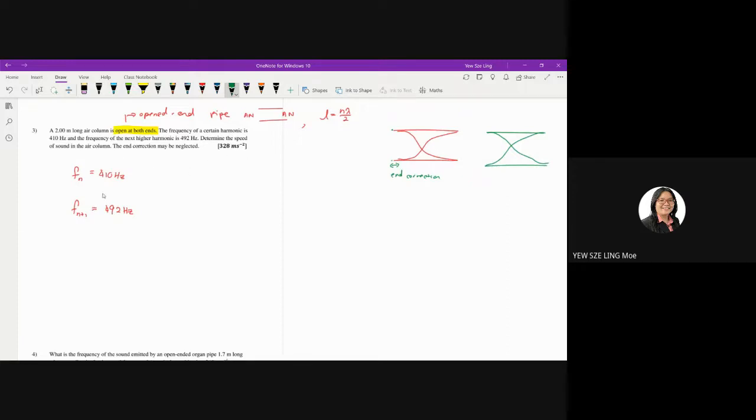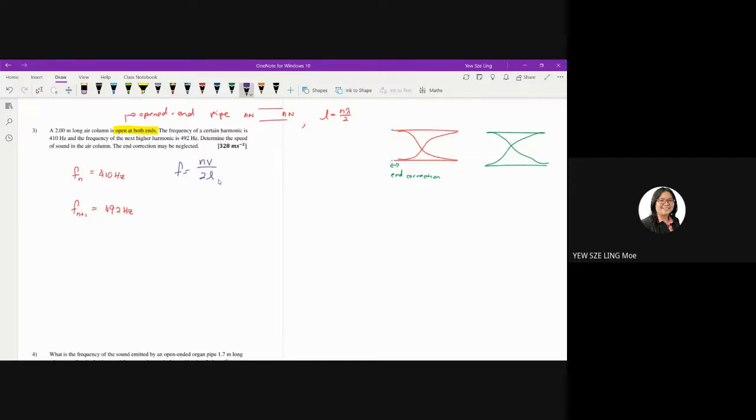How are we going to calculate the speed of sound? You are given two frequencies. That's it. We know frequency equals nv over 2L for an open-end air column. We cannot calculate v using f lambda, because we don't have lambda yet. So we apply the equation f equals nv over 2L.